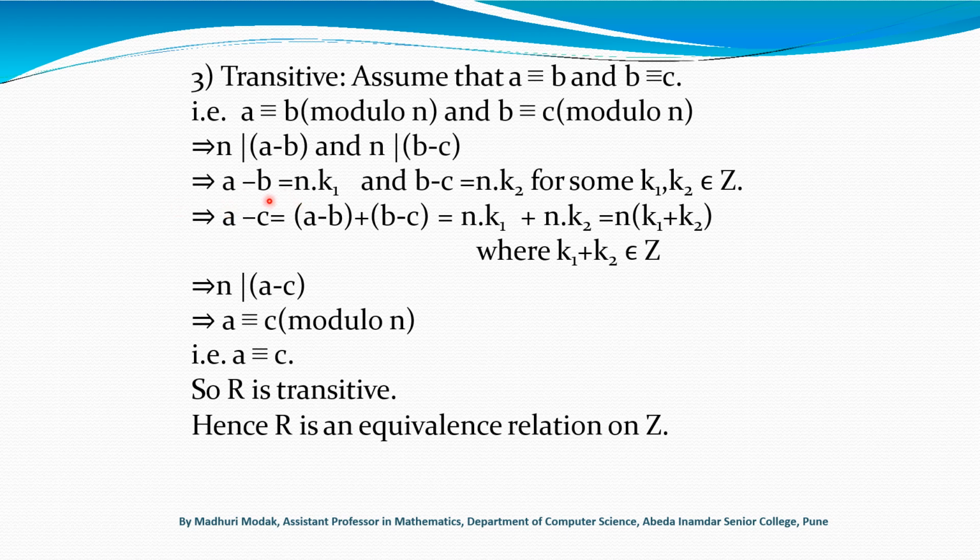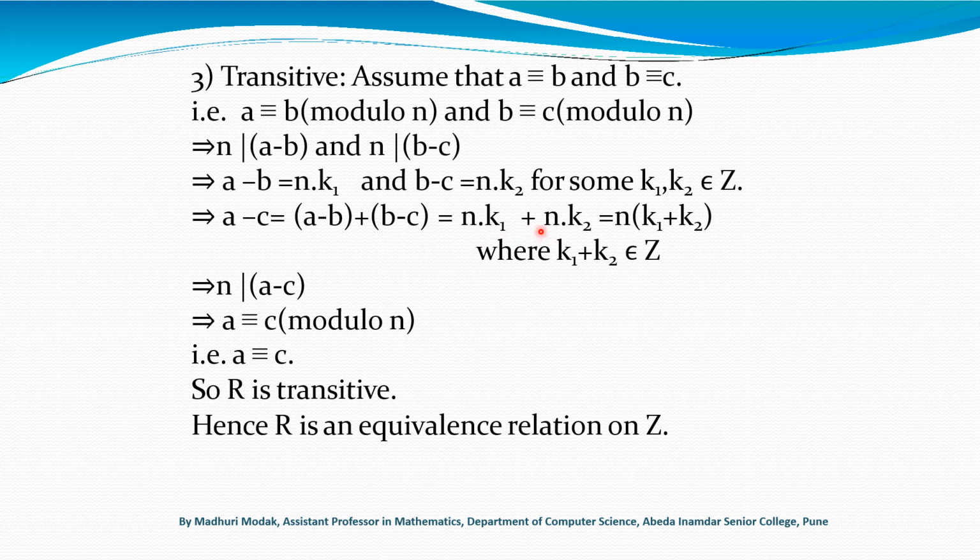Now adding these two equations, we get A minus C is equal to A minus B plus B minus C, which is NK1 plus NK2. That means A minus C is equal to N into K1 plus K2, where K1 plus K2 is an integer.